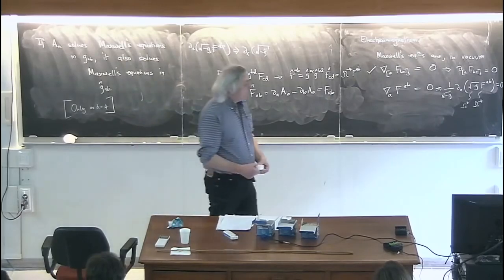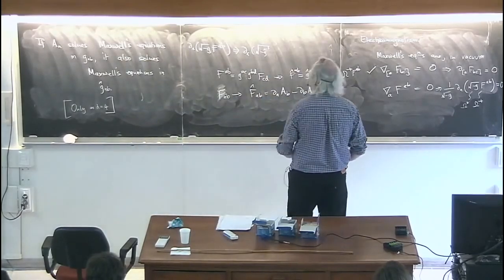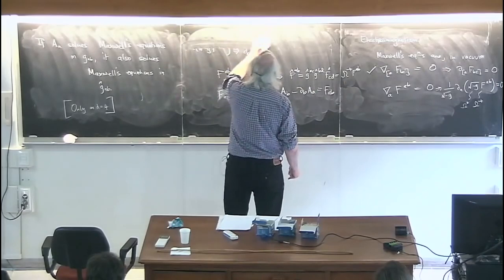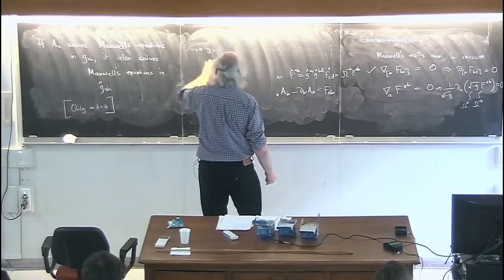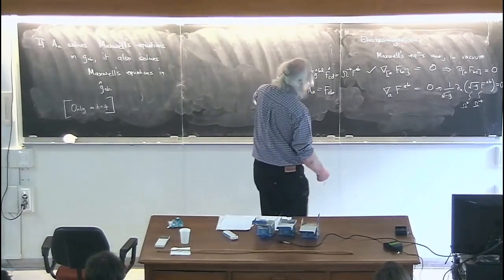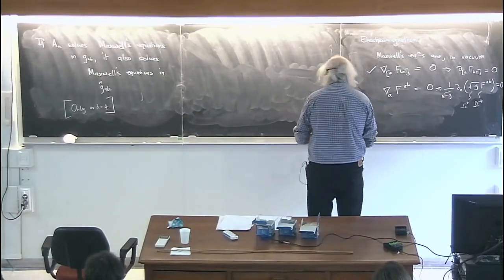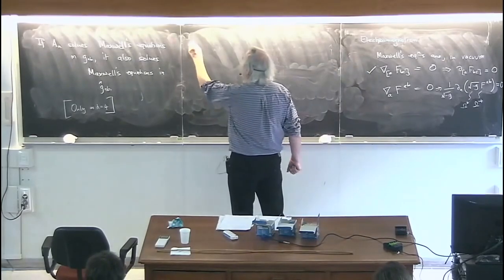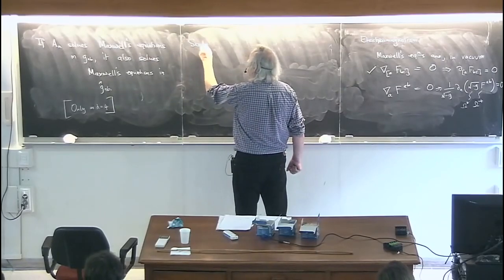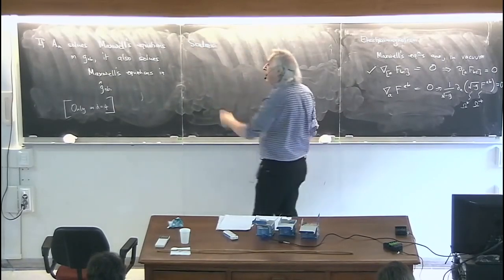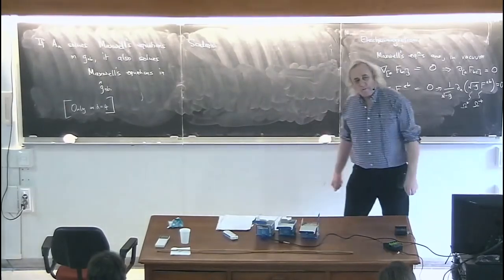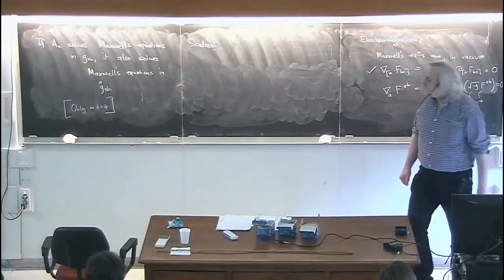There are some other equations which are conformally invariant. Let's look quickly at what they might be. Scalars. Well, scalars with the conventional, just minimally coupled action are not conformally invariant.